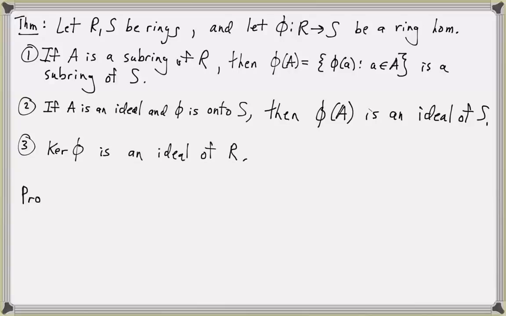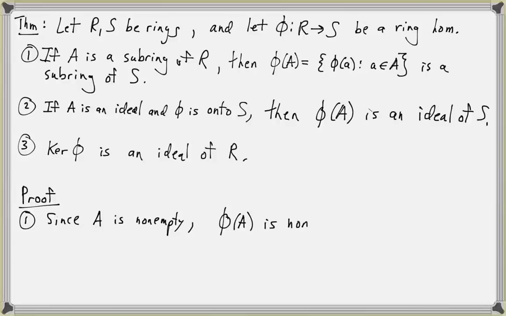So let's begin with the proof of property 1. Now A is a subring and is therefore non-empty. So since A is non-empty, we see that phi of A will also be non-empty. Now let's take two arbitrary elements of phi of A and show that phi of A is closed under subtraction and multiplication.